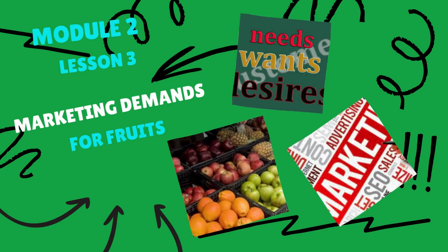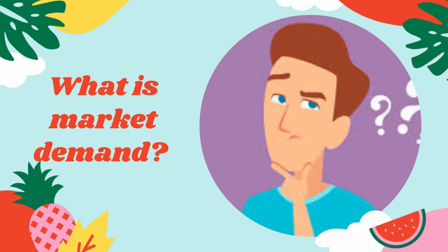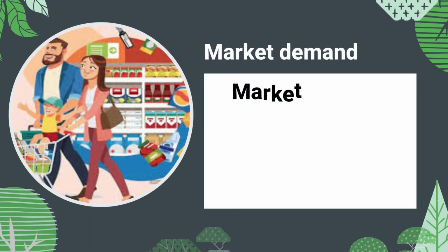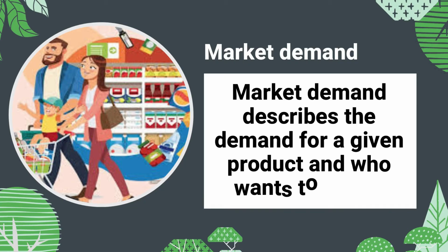In the same module, we have lesson 3, market demands for fruits. What is market demand? Market demand describes the demand for a given product and who wants to buy it.